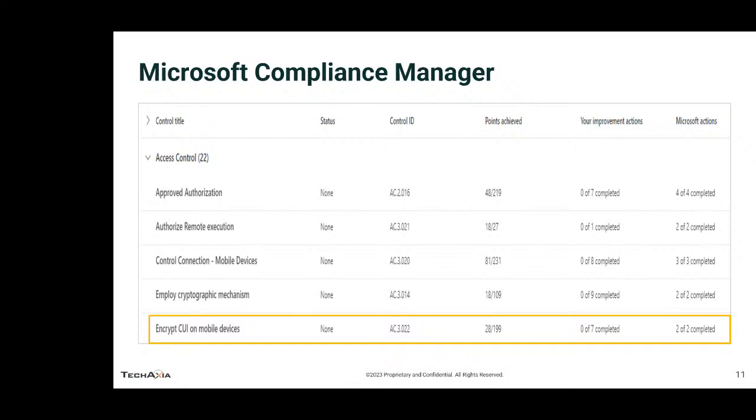It is important to call out here that the winning approach is a shared responsibility between you, the cloud service provider, in this case GCC High, and your managed service provider. So on the screen, we can see that one of the categories of tasks is to encrypt CUI on mobile devices. You can see that you have 7 tasks to complete, and Microsoft has 2 tasks to complete. And you can see the status that of those 2, Microsoft already completed theirs.